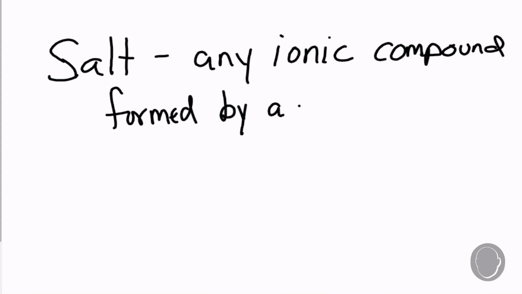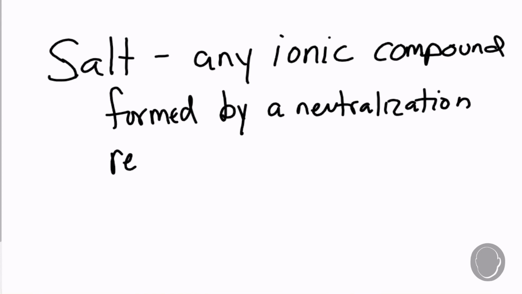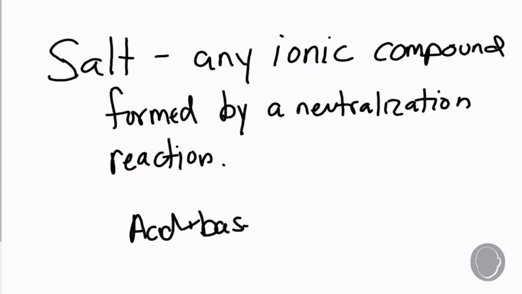What does that mean? That means it's the process of a neutralizing reaction. And what does that mean? It means this: acid plus base gives me water and salt. Not always table salt, but some type of salt.